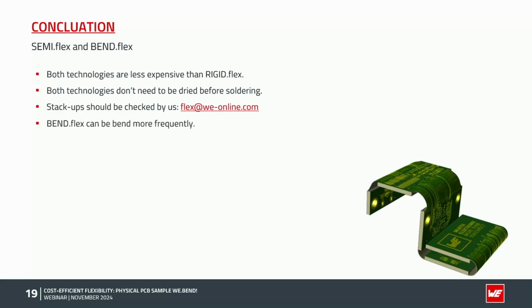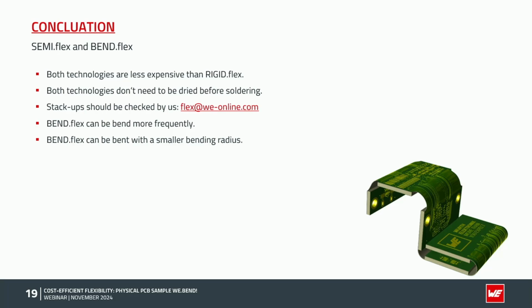You have seen that a bend.flex can be bent more frequently. If you order the samples, you can directly see how well bend.flex can be bent compared to semi.flex in both directions. So please feel free to order it.